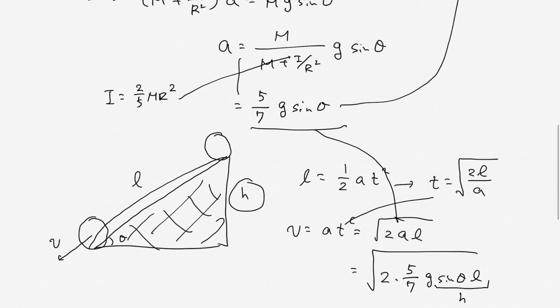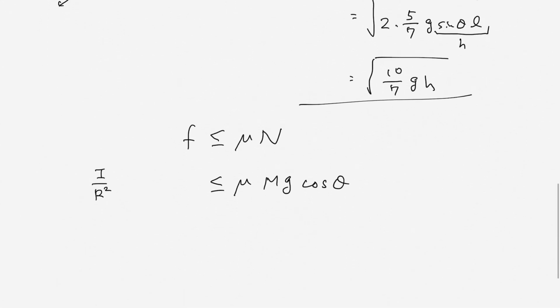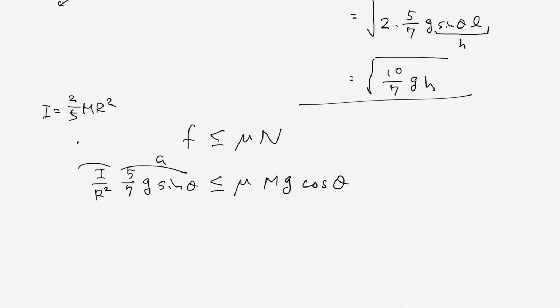We have found a, so you can substitute 5 over 7 g sine theta, and if you substitute I equals 2 over 5 m R squared, this becomes 2 over 5 m.